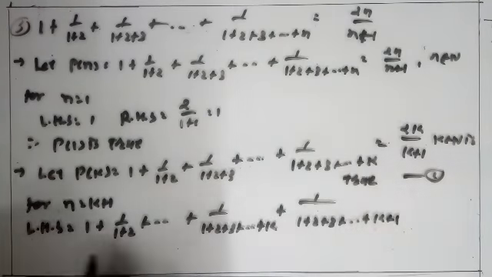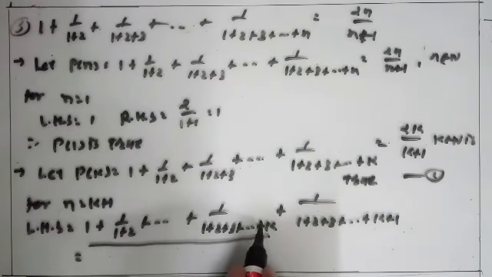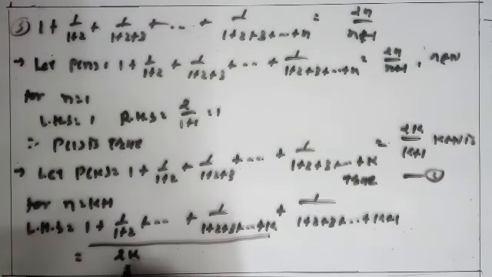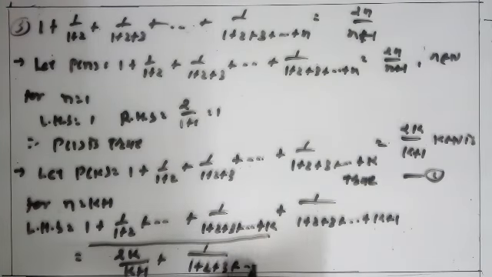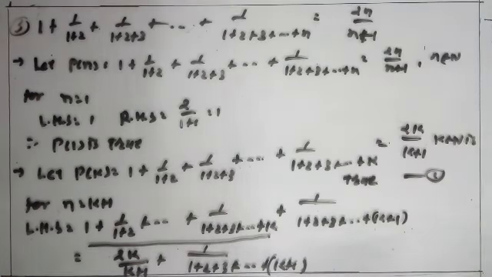Clear? And by result 1 we know that the sum of the first k terms is 2k upon k plus 1, plus 1 upon 1 plus 2 plus 3 plus up to plus k plus 1. Clear this? This is the k plus 1 terms.